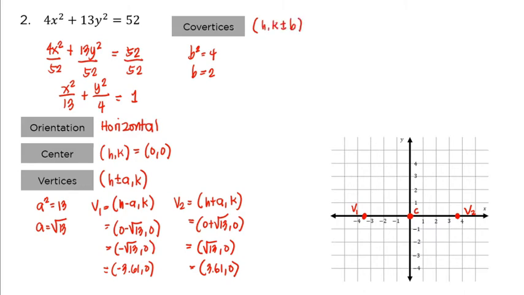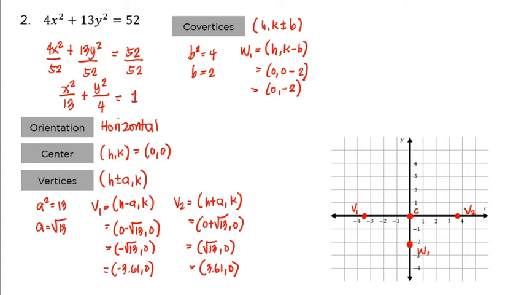So from that, our first co-vertex will be h, k minus b. So we have 0, 0 minus 2, and that is 0, negative 2, right? So 0, negative 2 is here. This is our first co-vertex.